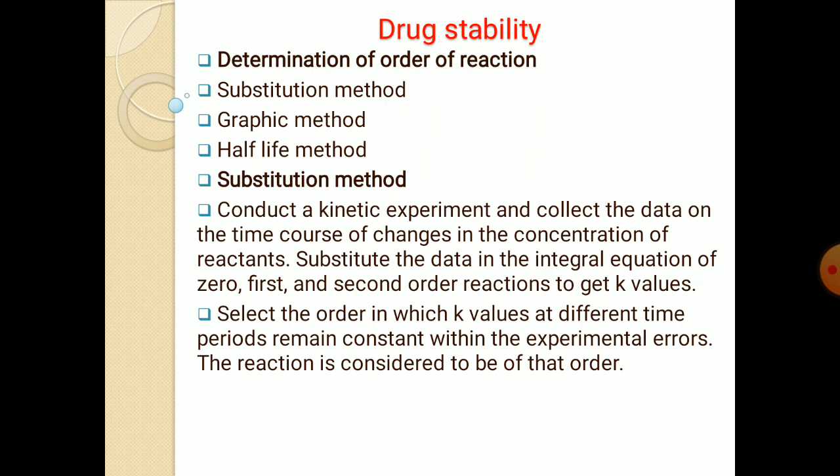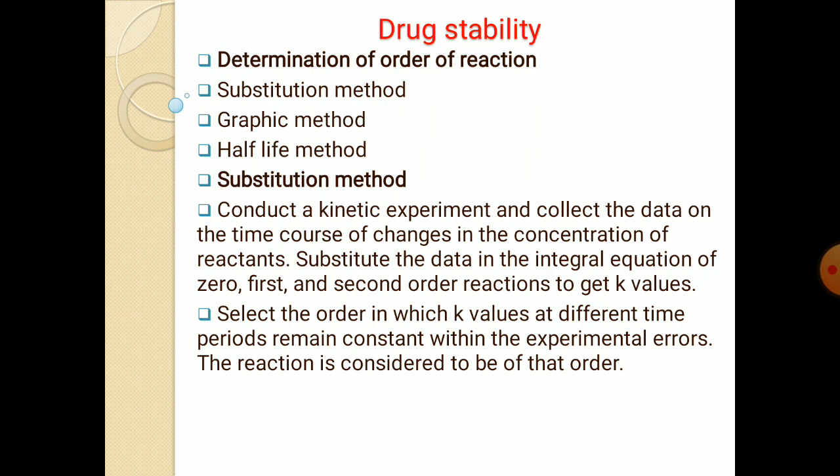So conduct the kinetic experiment and collect the data on the time course of changes in the concentration of the reactant. As the reaction proceeds, what happens to the concentration? Just note that down and substitute the data in the integral equations of zero, first and second order reactions to get the k values.